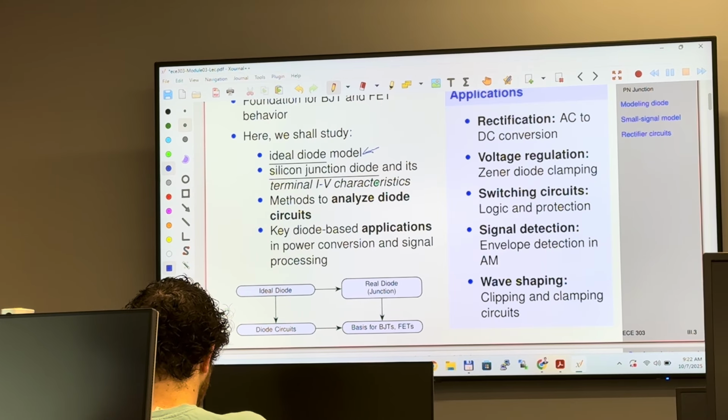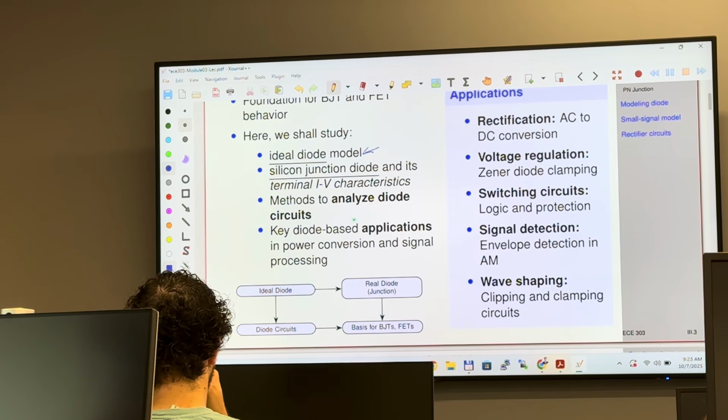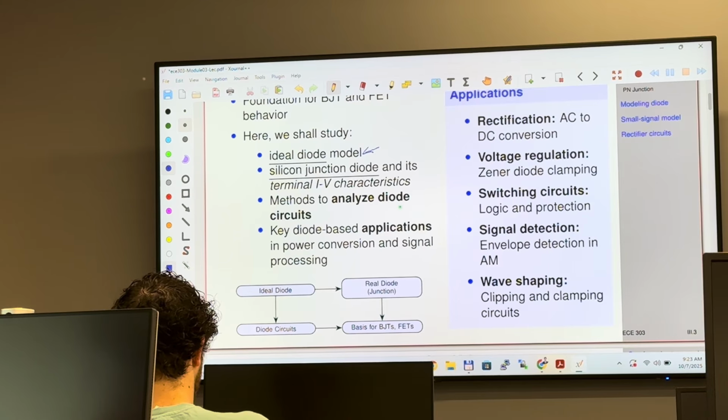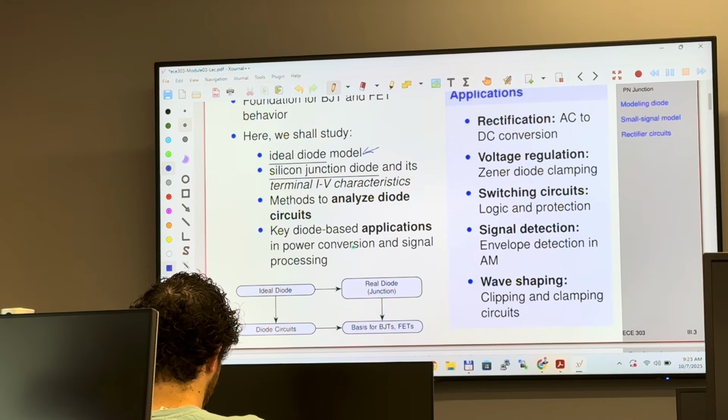And then we will be learning the silicon junction diode, the semiconductor device that is made using silicon materials, and its terminal characteristics, IV characteristics. We are going to analyze diode circuits and key diode applications in power conversion and signal processing.